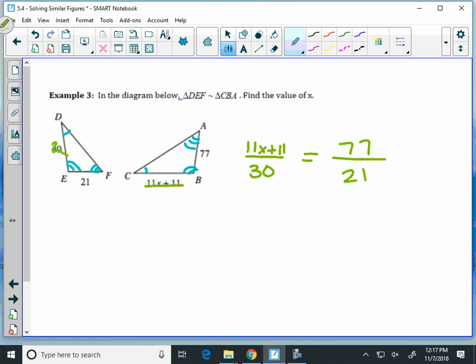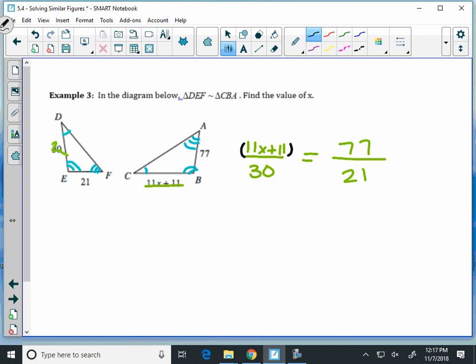Okay. What method do we have to use to solve this? Cross multiply. When we have this binomial on the top, remember when we cross multiply, it's really important to put parentheses around it. Helps you organize your work.